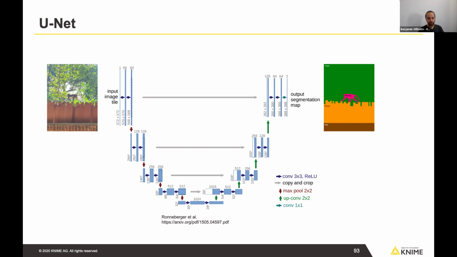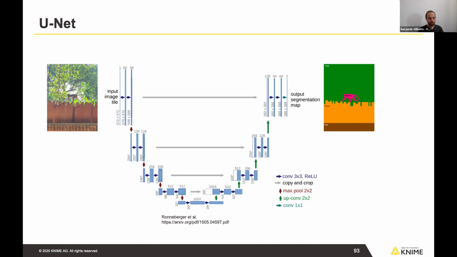And then we increase the resolution again with this upconv operation, which is just the transpose convolution, and use convolutions to get the segmentation map out of it. But the important part for the UNet, or the special part, is that we also have these skip connections here.